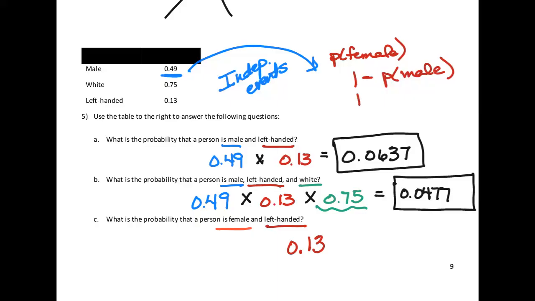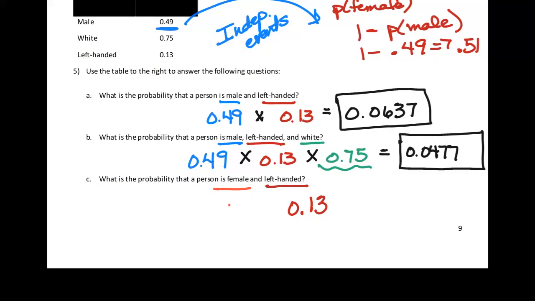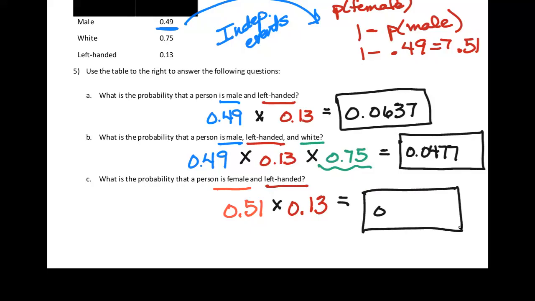So 1 minus 0.49 is going to be 0.51. So the probability that someone is female is 0.51 times 0.13. That should be a little bit larger than the first one, which is 0.0.